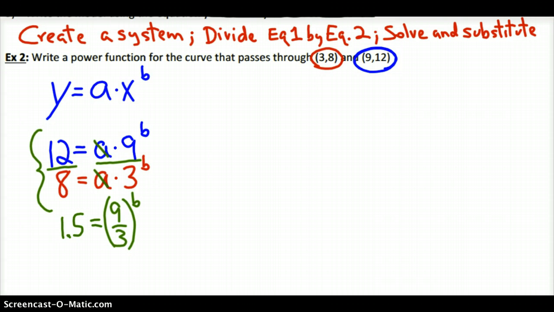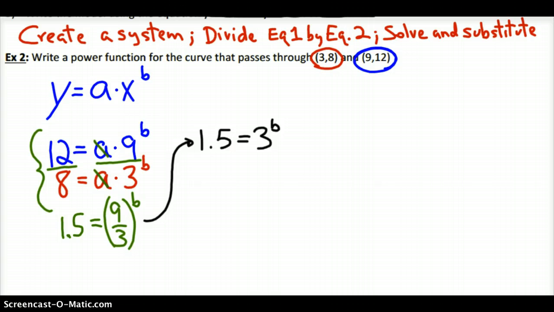So let's rewrite it as a fraction raised entirely to the b power. Now from here, we're going to do some simplifying. So I'm just going to bring this up here. And so that's really 1.5 equals 3 to the b. And again, that 3 could have been a fraction or decimal, but this is simplified nicely.